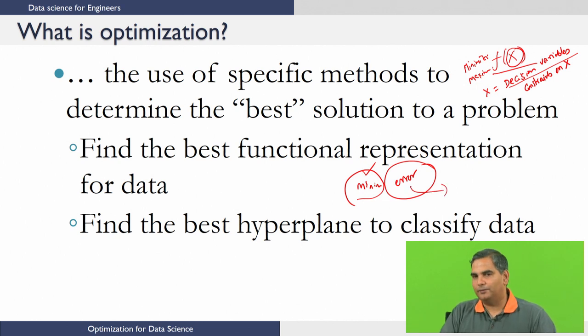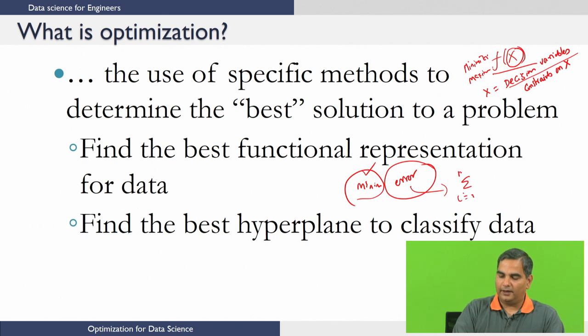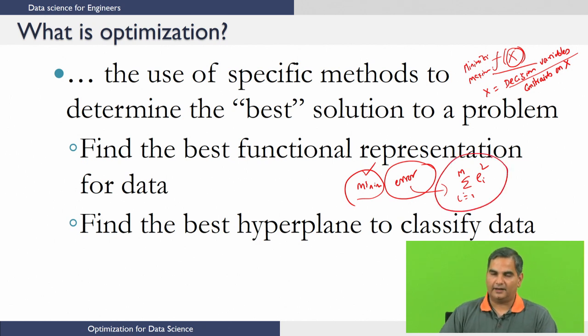So, for example, if you remember back to our linear algebra lectures, we said if there are many equations and they cannot be solved with a given set of variables, then we could minimize the sum over i equal to 1 to m of e_i squared. So, this is the function that we are trying to minimize, and where are the decision variables?